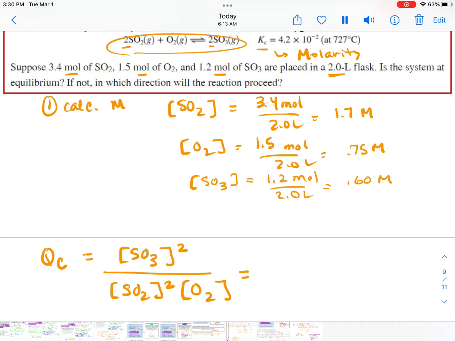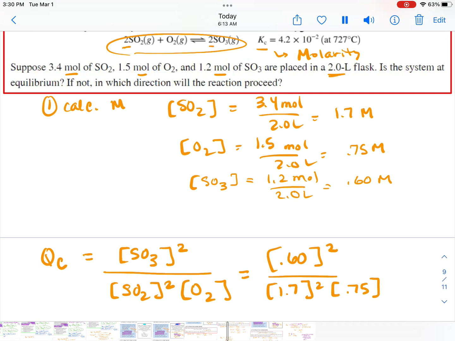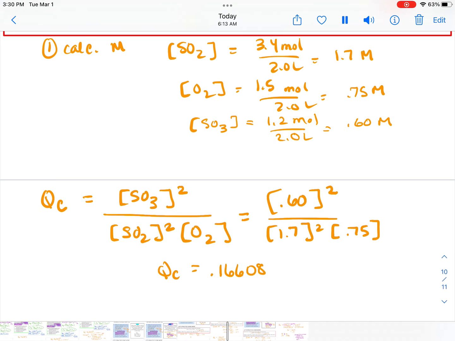I'm going to substitute in the molarities that I just calculated, so this would be 0.60 squared over 1.7 squared, and also over 0.75, not squared. And when I solve for Qc, I find that Qc equals 0.16608, a bunch of numbers, which with my significant figures would be 0.17.